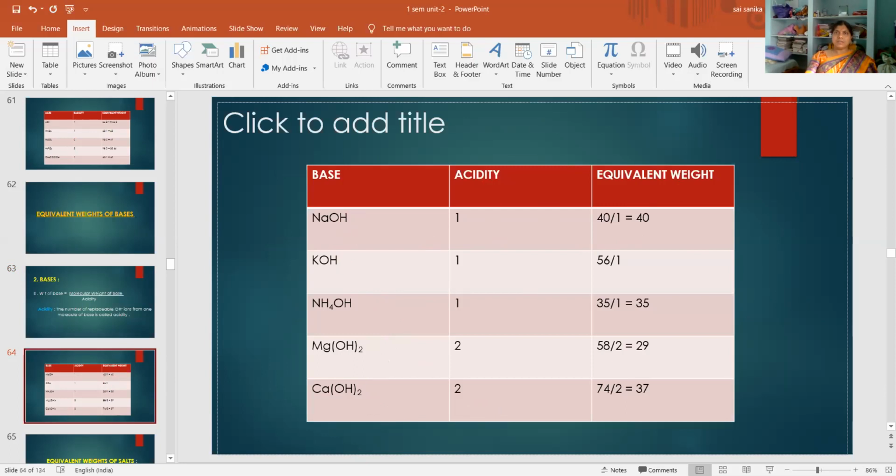So we will share the whiteboard. NaOH. So how will it split?